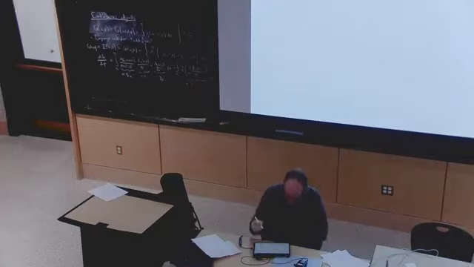But let's do a generalization. Let's say f of u is an integral from a to b of some other function, let's call it capital F. It may depend on u, it may depend on u prime, it may depend on x.